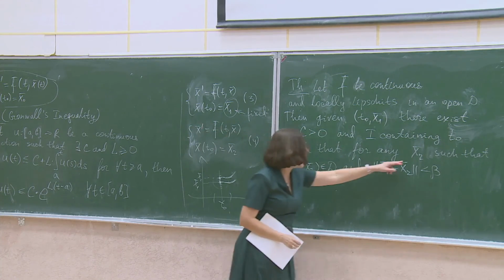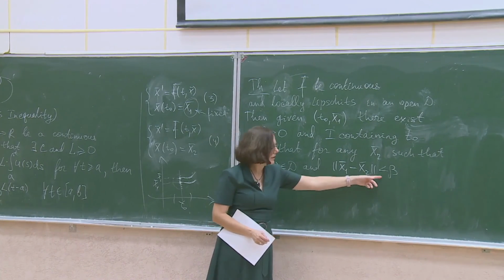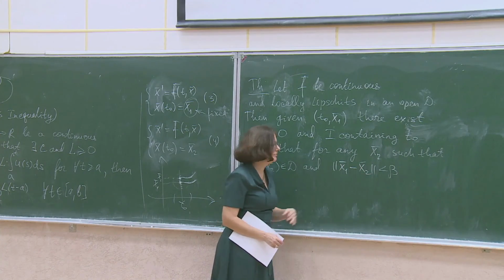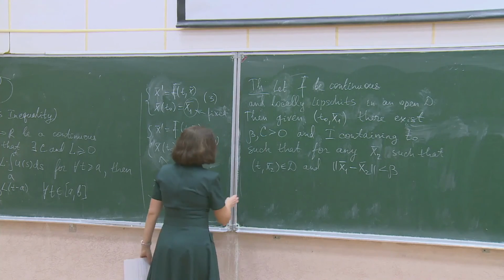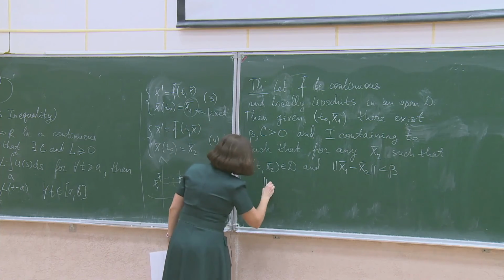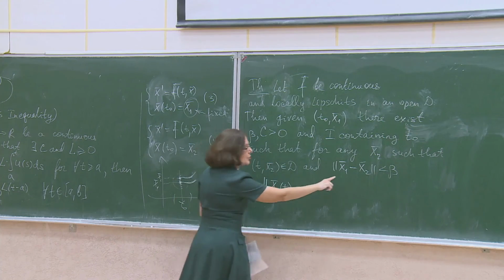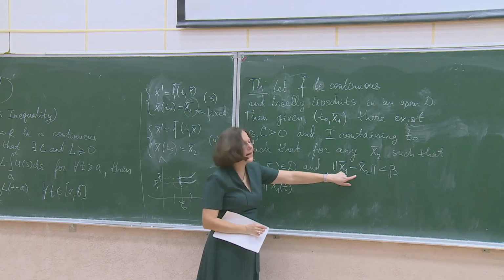So for any x2 sufficiently close to x1, so they must be less than beta, we have the absolute value of x1 of t. So this is the hypothesis.